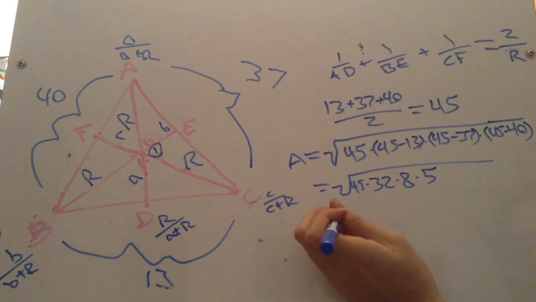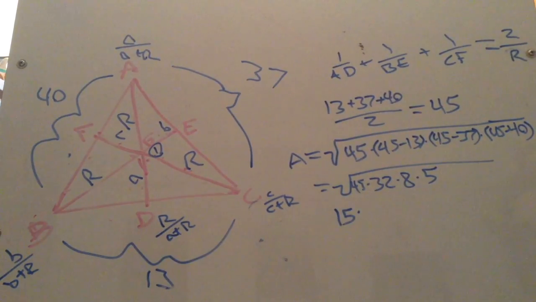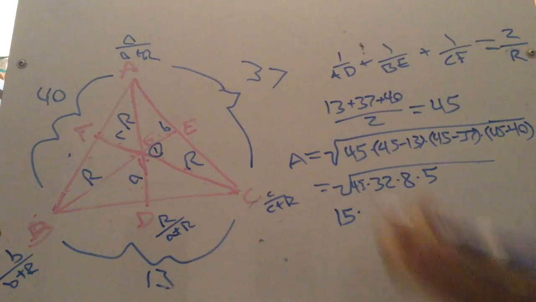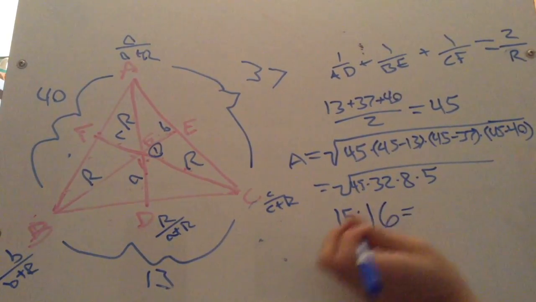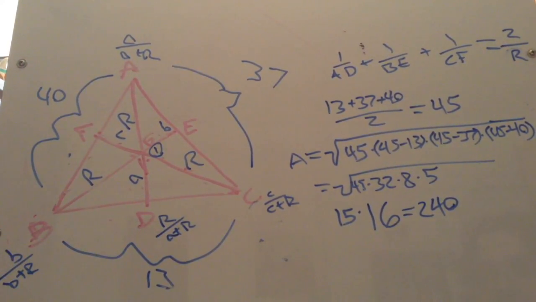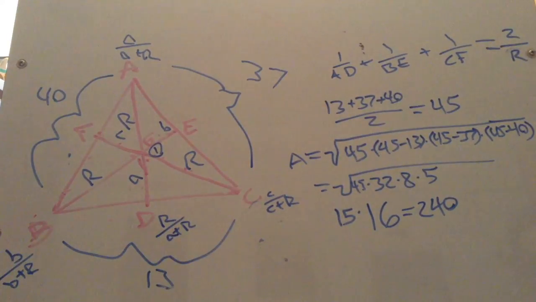45 times 5 is 225, which is 15 squared, so we can move that 15 out. 32 times 8, that's 16 times 2 times 16 divided by 2, so they're going to multiply to 16 squared, so we get 15 times 16, that's 8 times 30, or 240. So, now that we know the area, we just need another area formula to take us from this and this to our circumradius.